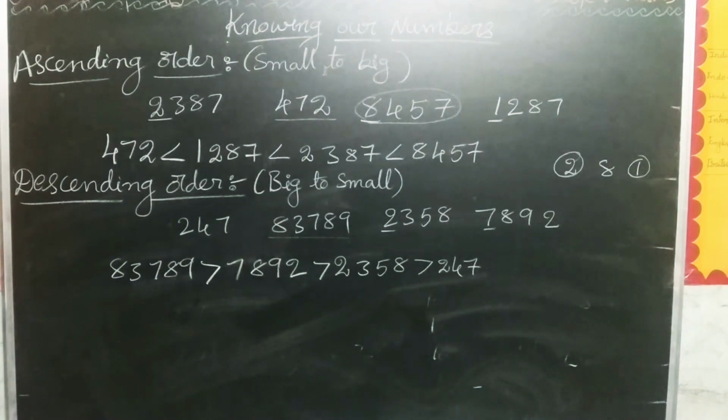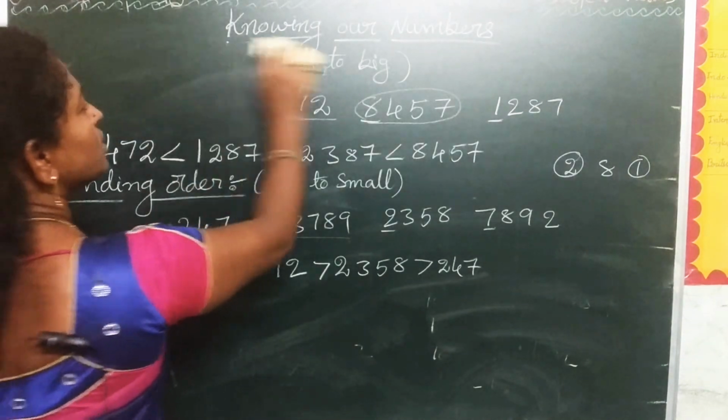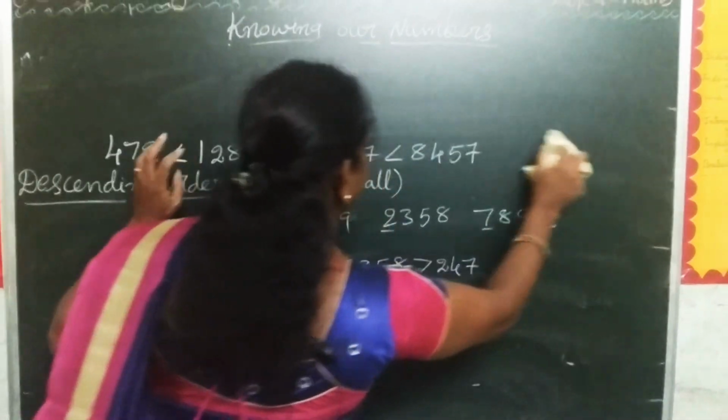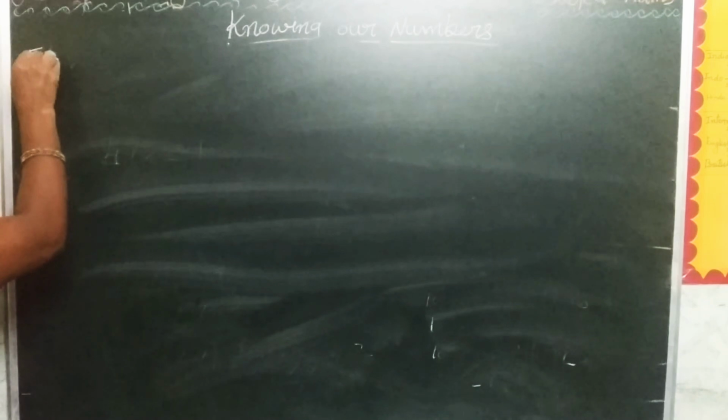Now coming to the next one: formation of greatest and smallest numbers.